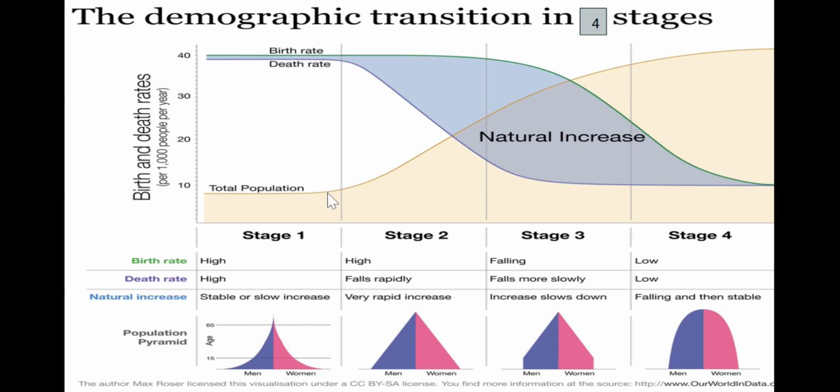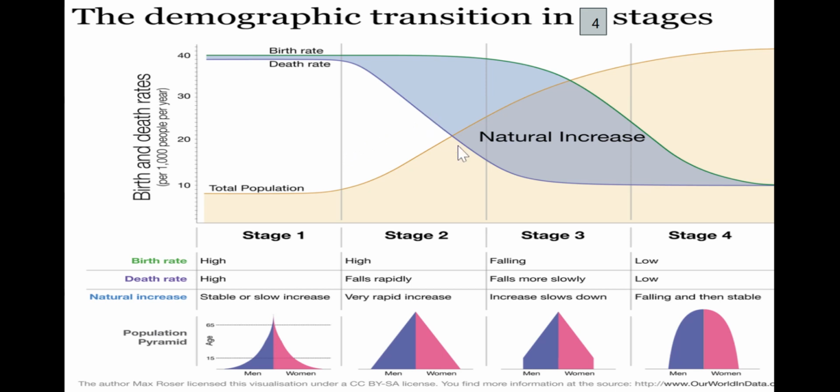As countries start to develop and start to industrialize, what we start to see is the death rate goes down. The birth rate eventually will fall to meet the death rate. And countries will go through essentially a process of development as it relates to both their population structure and as it relates to other things within the country.